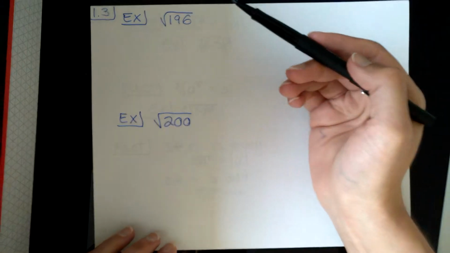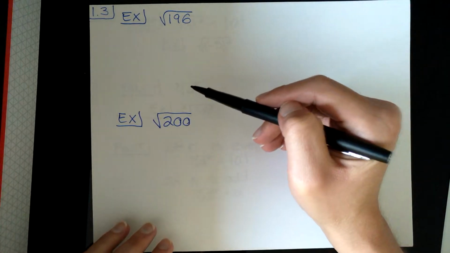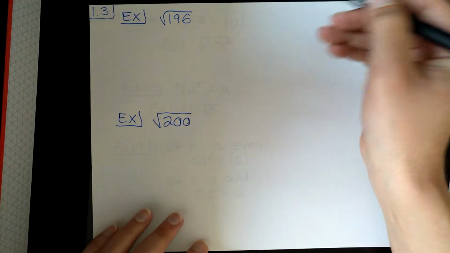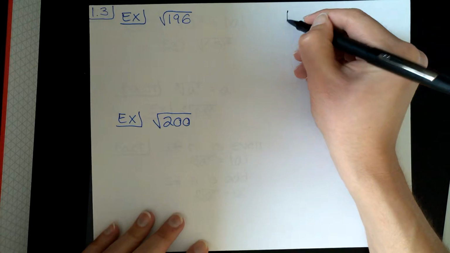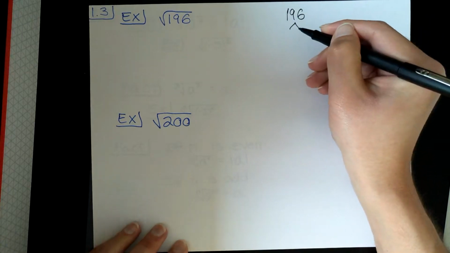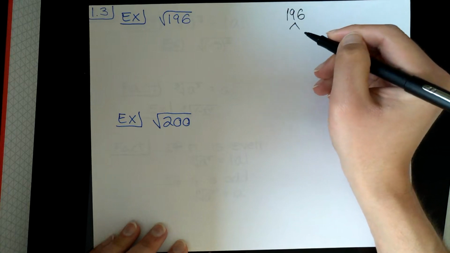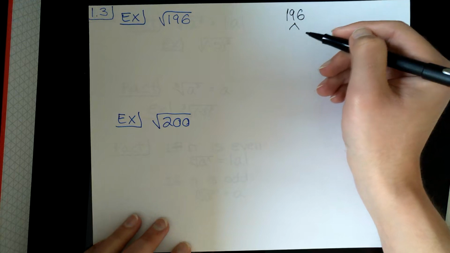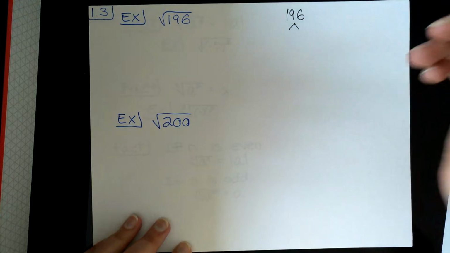Let's go ahead and simplify that using this process. The first step is to find the prime factorization of 196. There are a lot of ways to do this, factor trees, box method, and so on, but the most common method is probably factor trees, which is what we'll use.